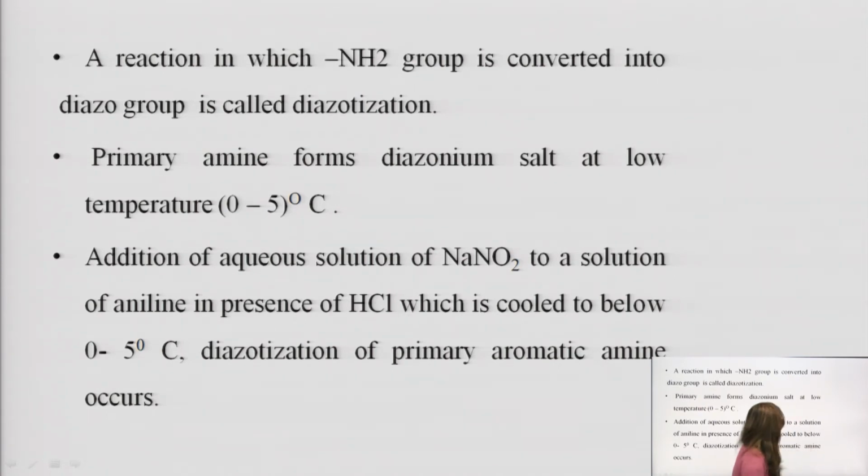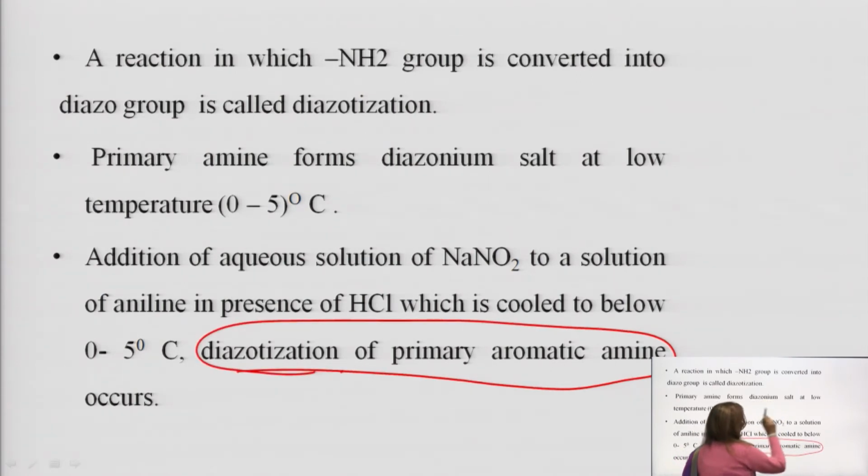Then diazotization of primary aromatic amine occurs, and this is the main concept for which you are carrying the reaction. You want to synthesize the diazonium salt.